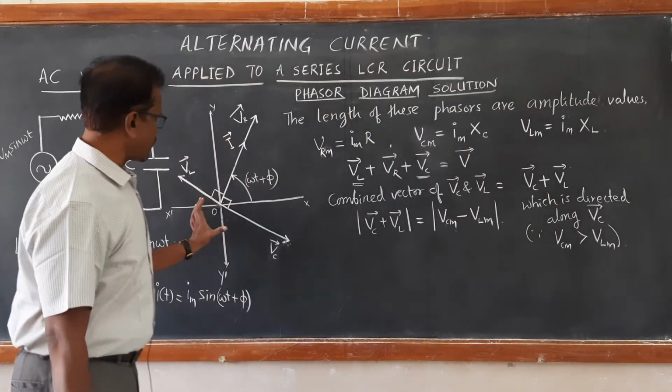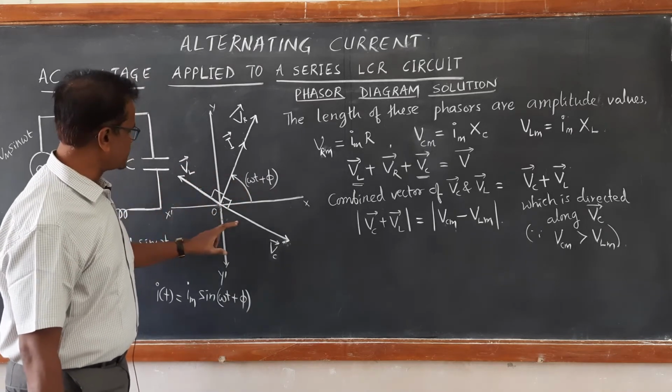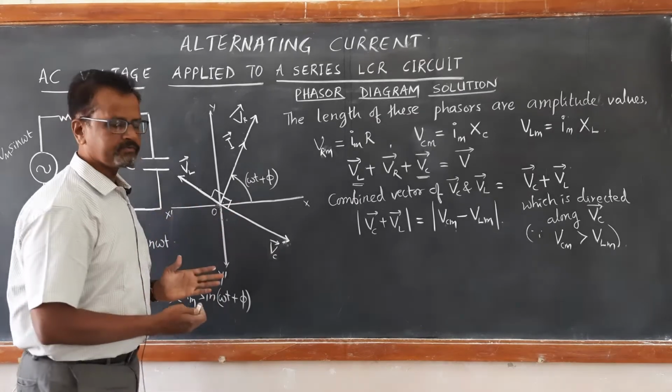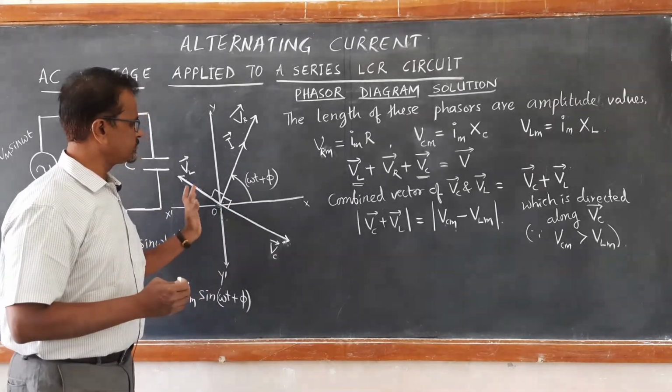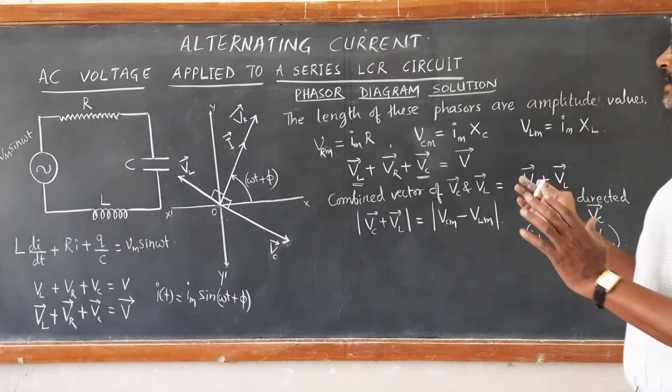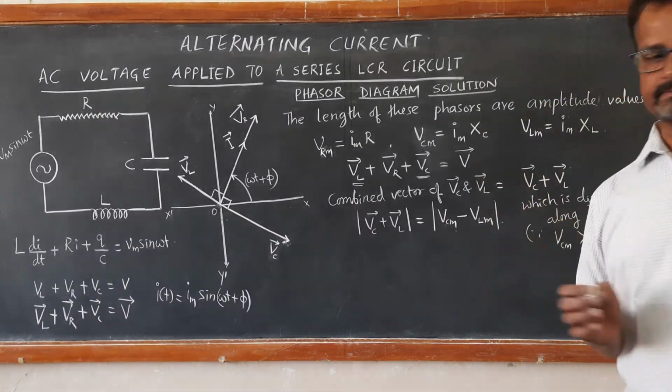Now, we can draw the resultant of VC vector and VL vector in one direction, and then try to find out the resultant of these three vectors. And that is how we are going to draw the final phasor diagram.